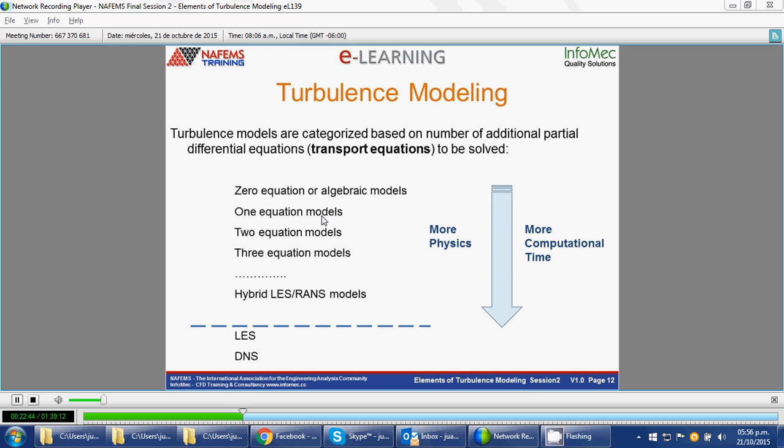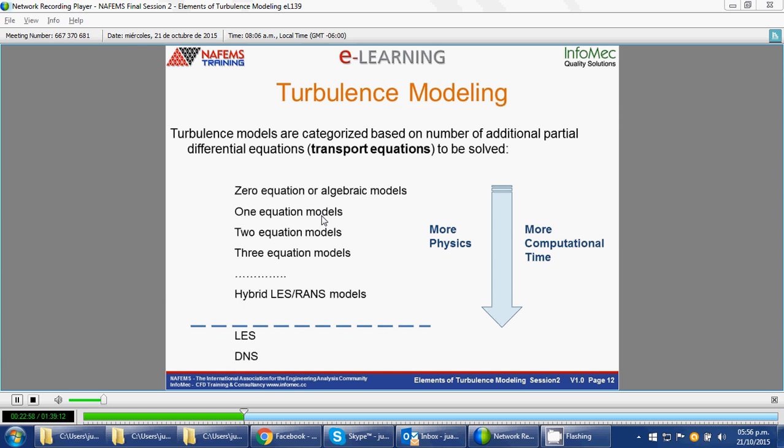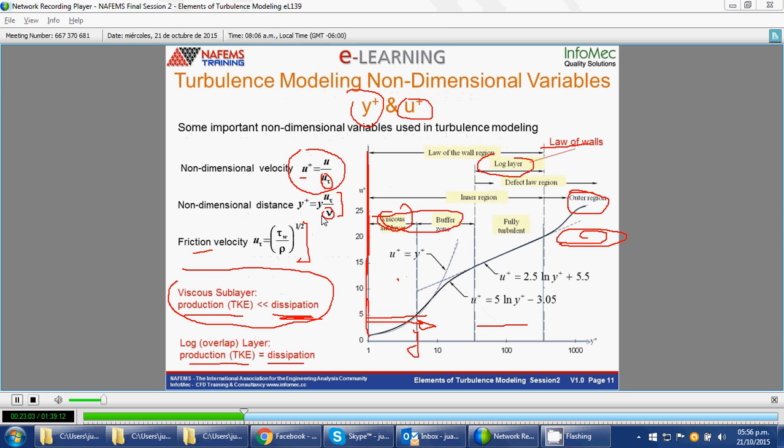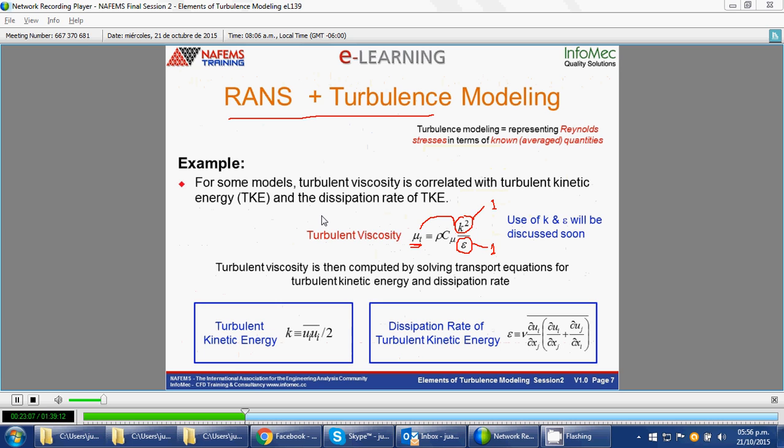Now that I described this y plus and u plus, we're going to go back to it a little bit later on when we talk about two equation models, and I'll describe this a little bit more. So the turbulence models are categorized, remember what I said here. We have to come up with an equation for mu t.